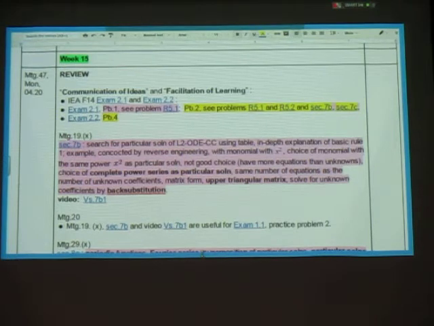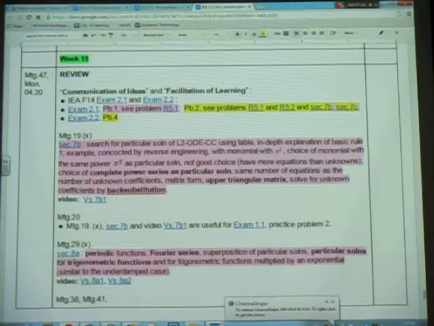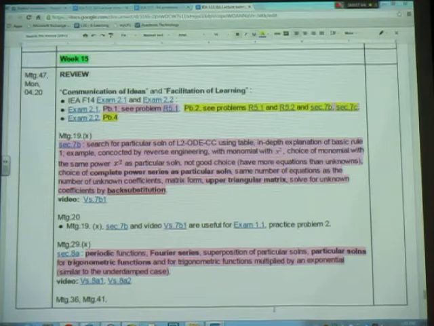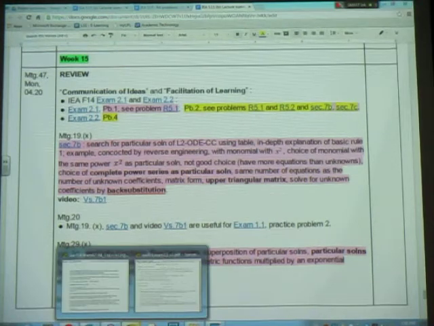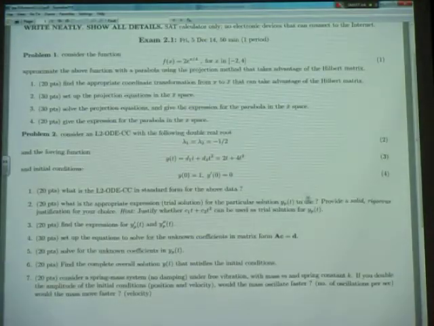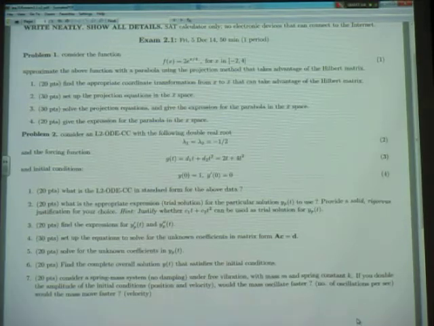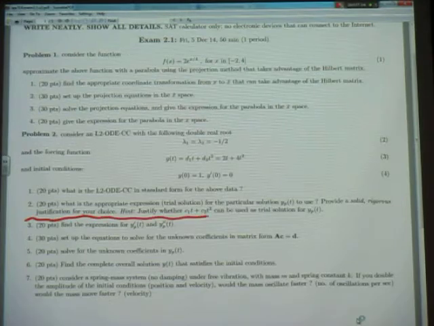I'd like to come back to problem 2 quickly, not entirely, but just mention to you 2 points. Some students asked me before exam 1, but I'd like to also mention this to everyone.